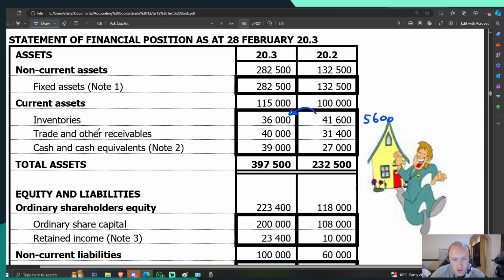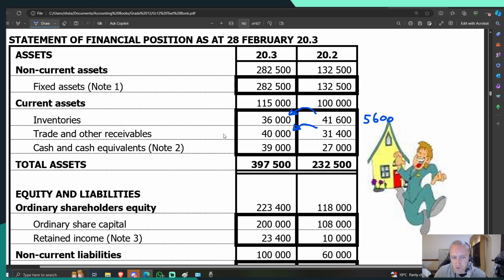Now let's do our trade and other receivables. They have not given us the note for trade and other receivables, so we're just going to use the figures they've given us here. Trade and other receivables, which is money that is owed to us, has gone up. Now, if trade and other receivables went down, that means some of the money owed to us was paid to us, which means that money would be a cash inflow.